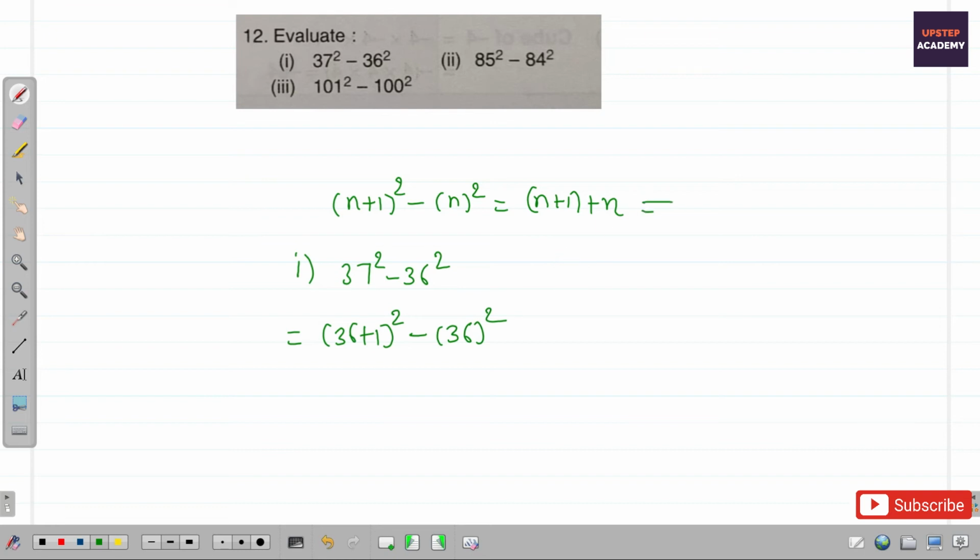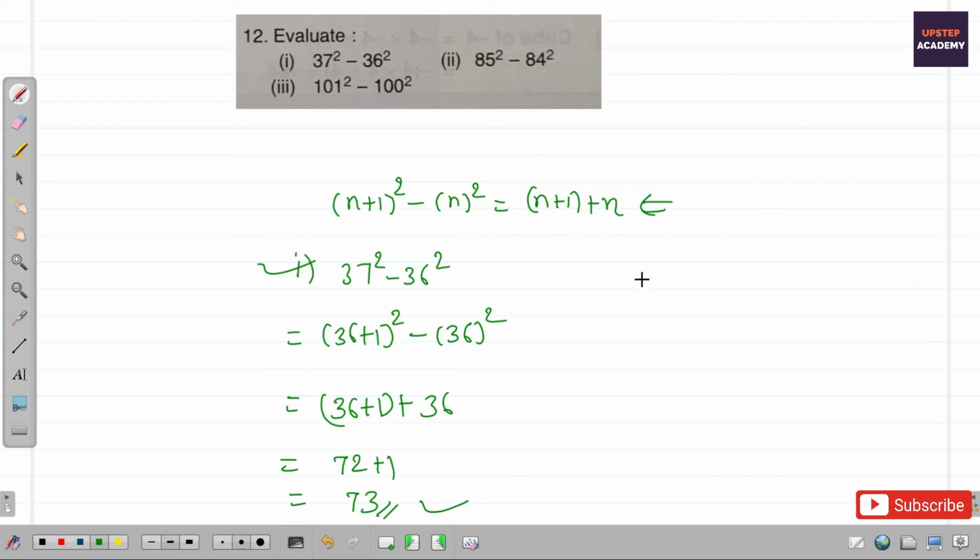If we apply this property, it will be 36 plus 1 plus 36. So this number will be 72 plus 1, which is 73. This is the answer to this question.